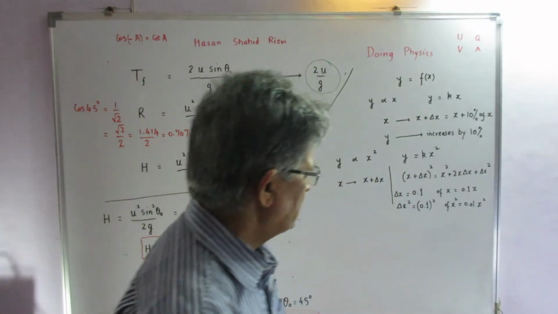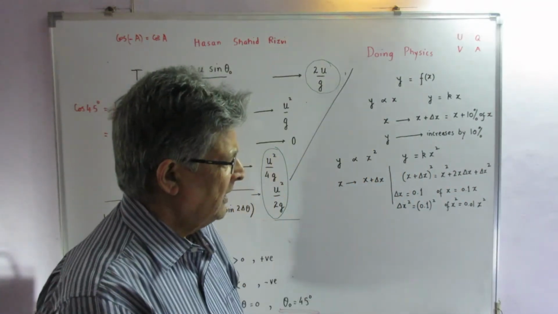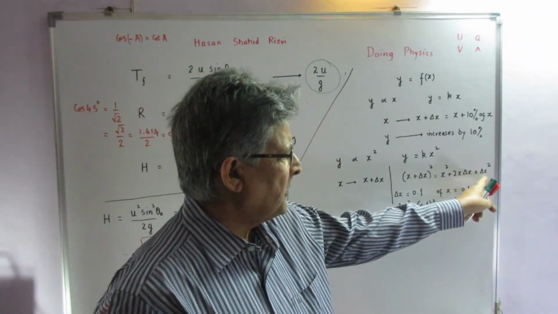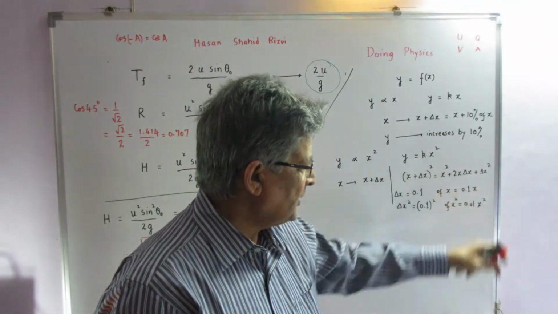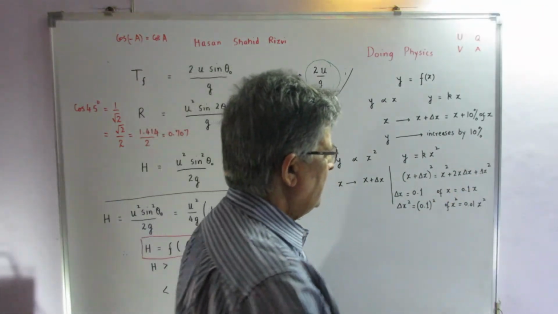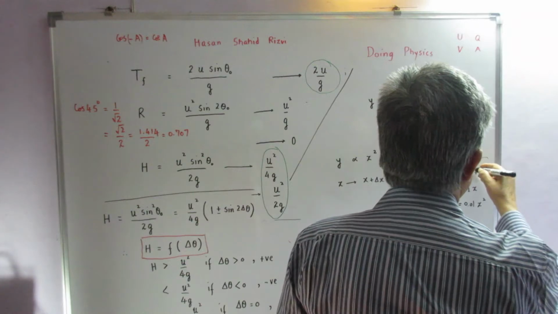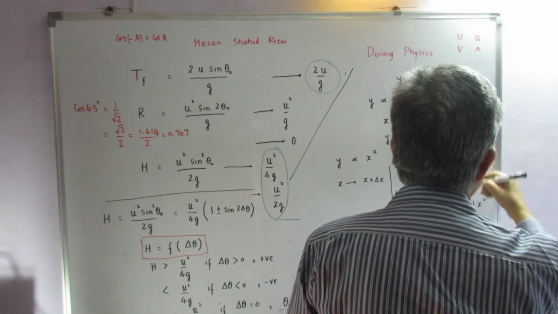So you can see that this delta x square becomes vanishingly small, and if it is vanishingly small, we are going to ignore it.